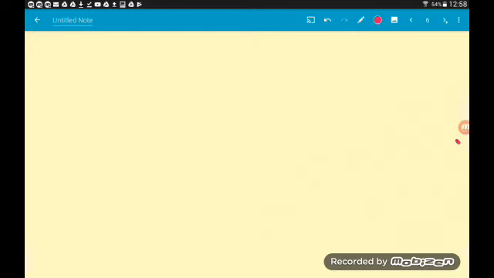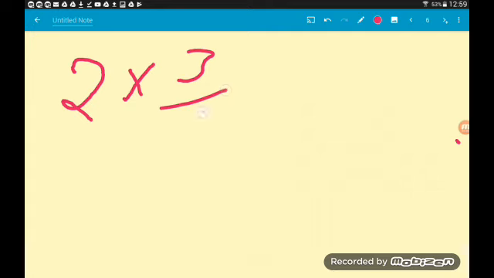Let's have a look at multiplying and dividing by a fraction. First of all, something that I see go wrong quite a lot of the time is multiplying a fraction by a whole number. So let's say that we want to do 2 times 3/5.